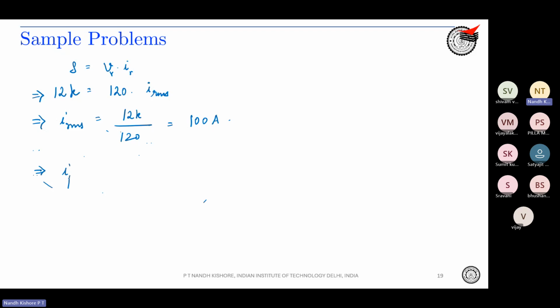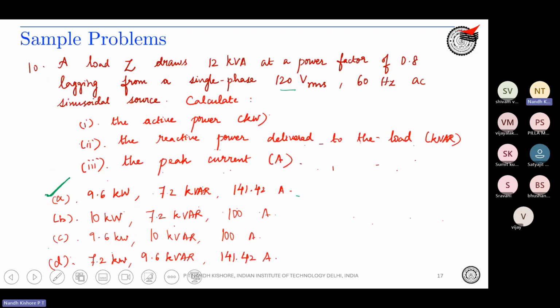Therefore, your I peak, this is what they asked. I peak is I RMS into root 2. So 100 root 2 would give you 141.42 amperes. That is why over here it's 141.42 amperes.